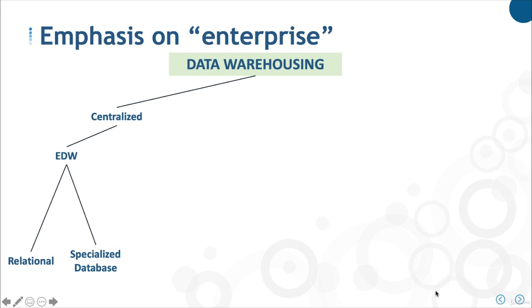In addition to the relational databases that we commonly have used for data warehousing for the last 15 or 20 years, we've also had specialized large-scale databases, columnar databases, and other things that are typically known as data warehousing appliances. So that's another underlying platform choice that we can put to use if we're building out a centralized enterprise data warehouse.